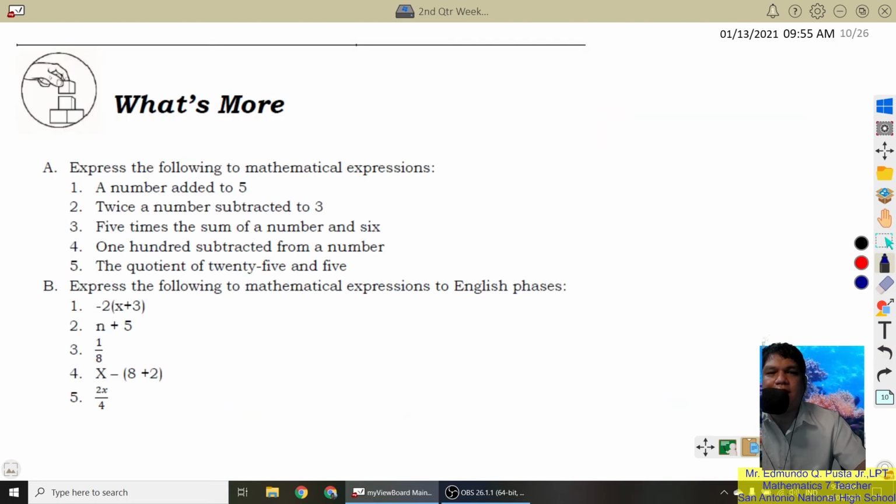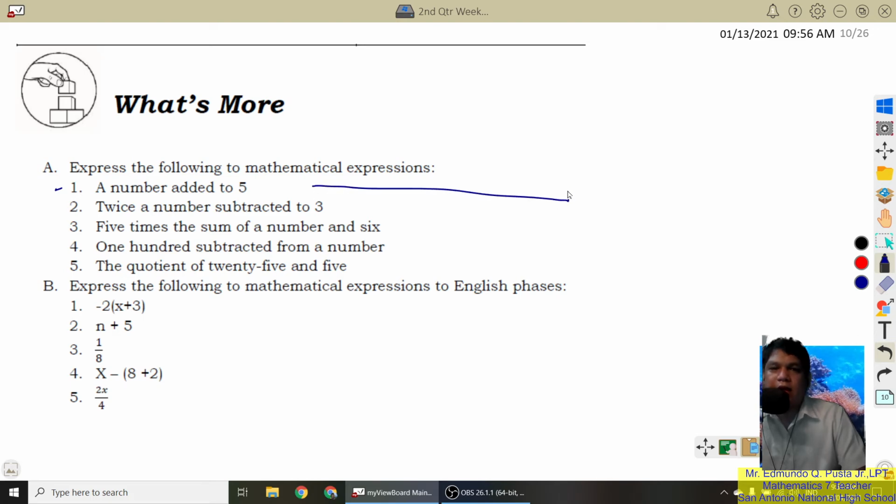Ayan. So, to end with our first lesson, that is translating, I have here what's more, yung ating evaluation. So, express the following to mathematical expression. So, we can express number 1, a number added to 5.